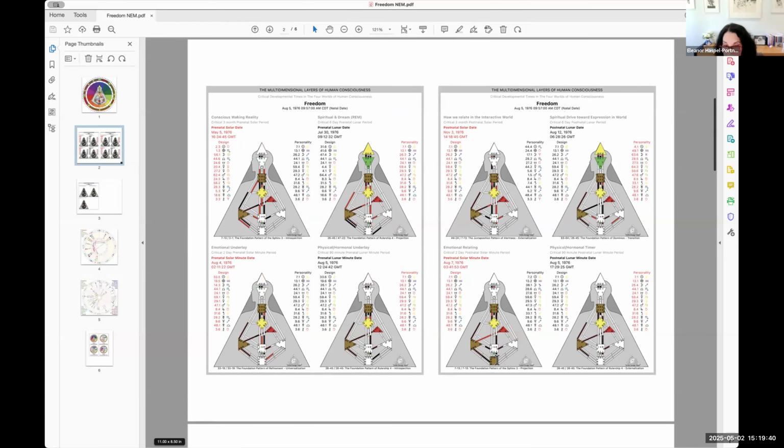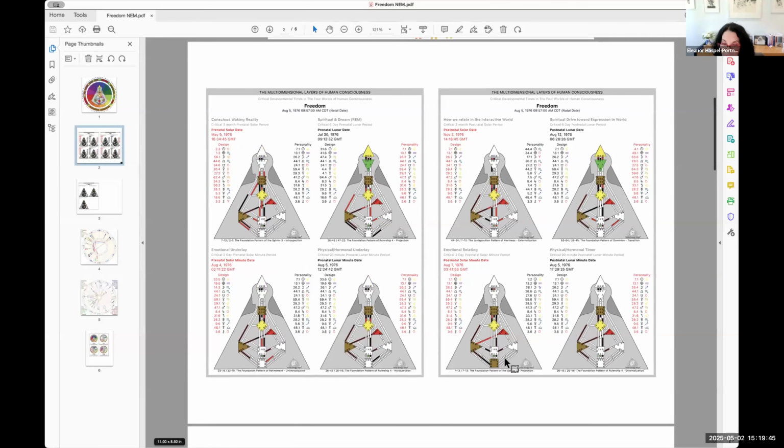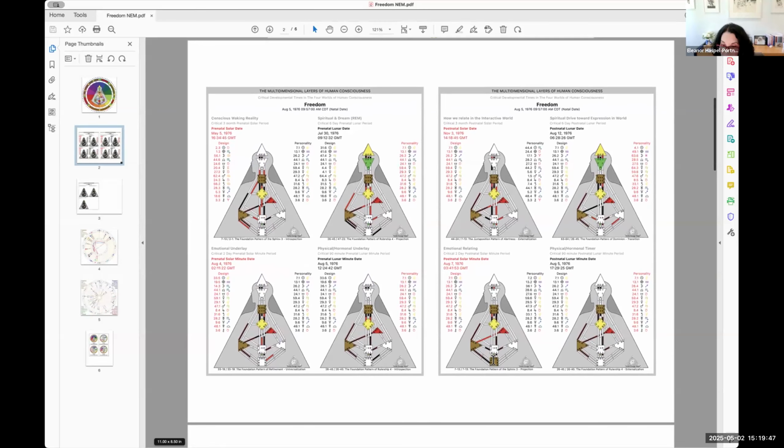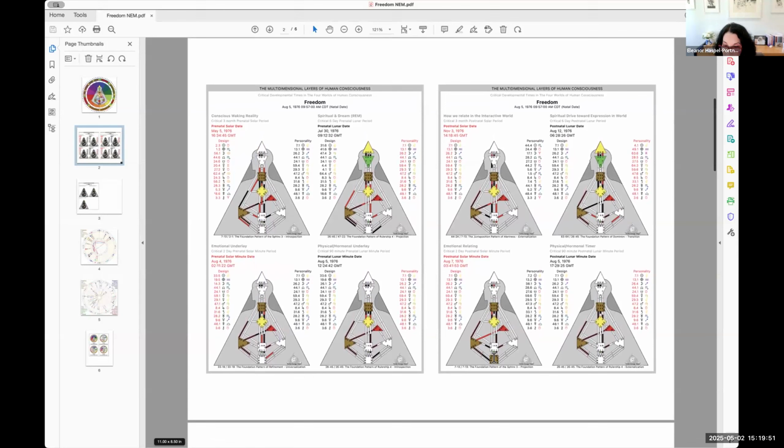You have that channel in the north and south node in the postnatal solar minute.